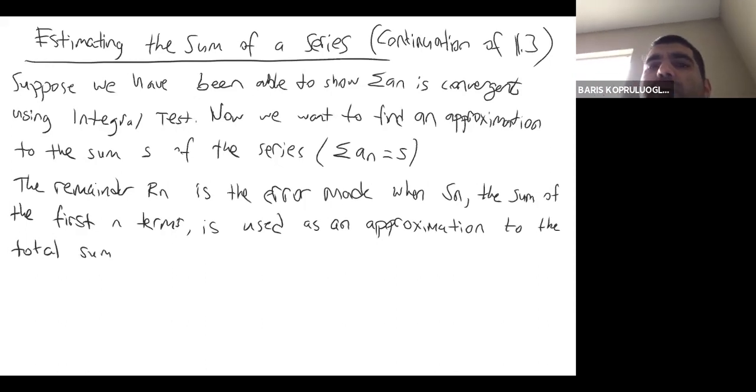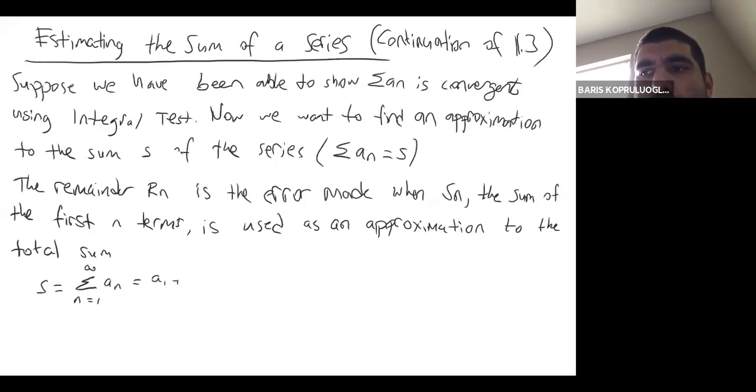So let's try to understand what this means. S, which is the actual sum, is the sum of all terms: a_1 plus a_2 plus a_3, and it keeps going.